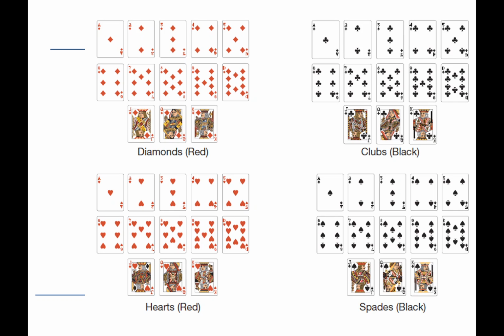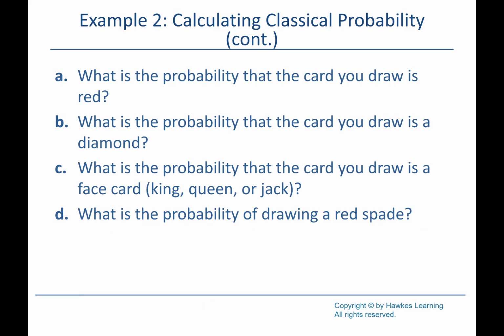Stretched it out as big as I could make it. We can see 52 cards total, 13 in each suit, and it's got the cards listed out, so let's find some probabilities here. A says, what's the probability that the card you draw is red? Getting a red card is our event. So we're going to figure out how many ways that can happen and divide by the total number of possibilities.